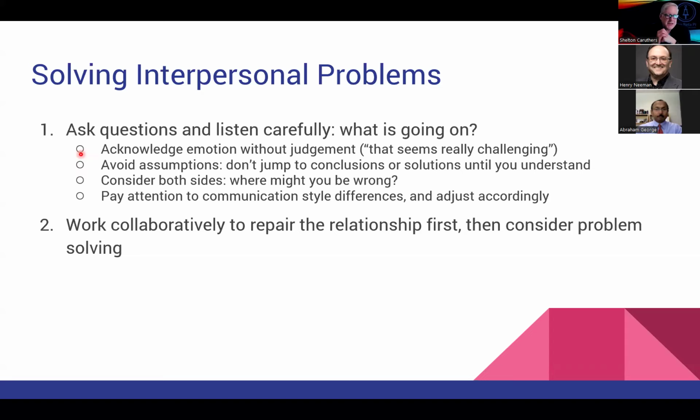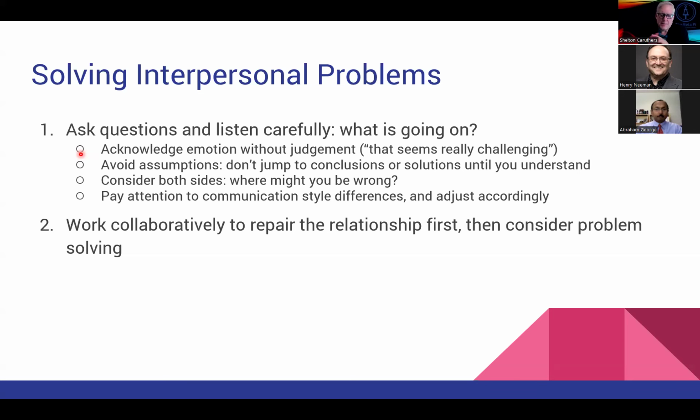Always avoid assumptions and don't jump to conclusions with this, as with all of the other problem solving. And you need to consider both sides. So if you're the manager and the employee, or especially multiple employees, are saying you can't make us do that, maybe the problem actually is in the request, and the request could be worded a little bit differently, or gone at from a slightly different angle.